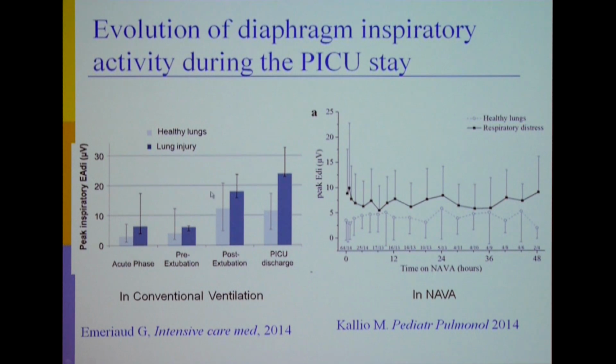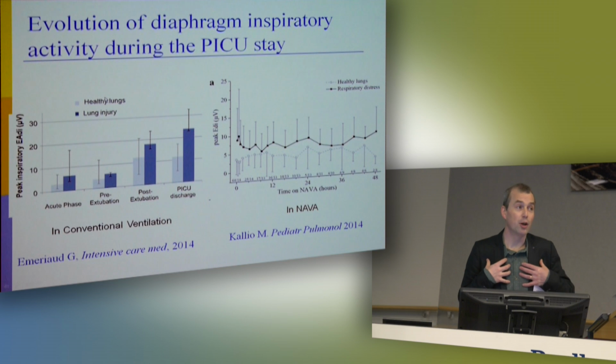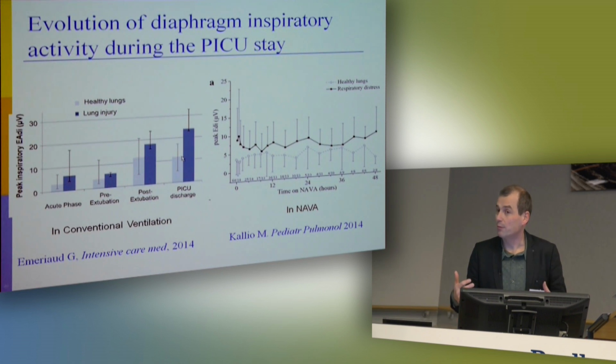Importantly, you have to take into account when interpreting EAdi whether the patient has a lung injury or not. Patients with lung injury have higher diaphragm activity, so you cannot target the same level of EDI depending on the lung condition. If you try to obtain a low diaphragm activity in patients with a very severe lung disease, you will never extubate the patient.